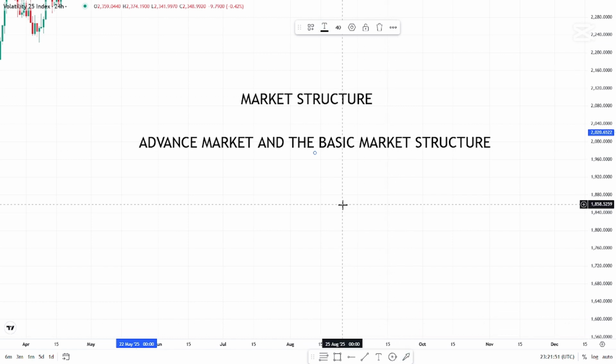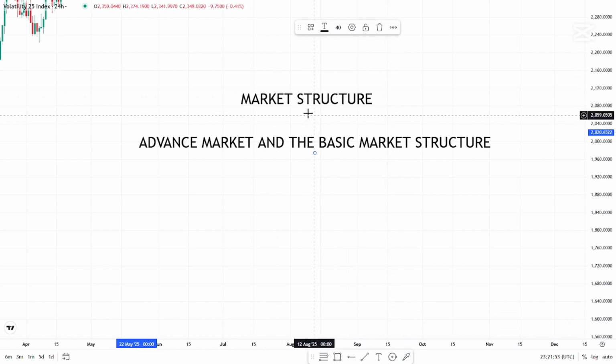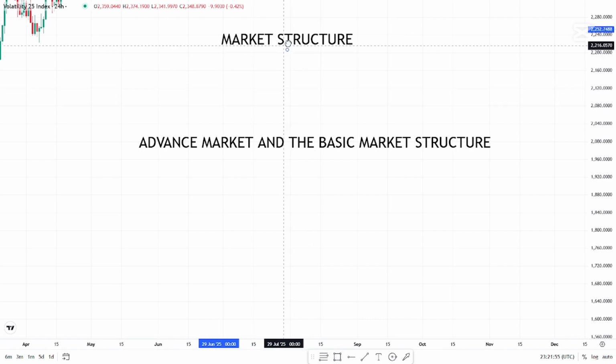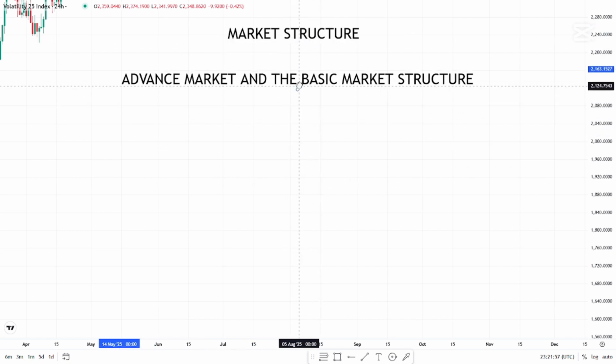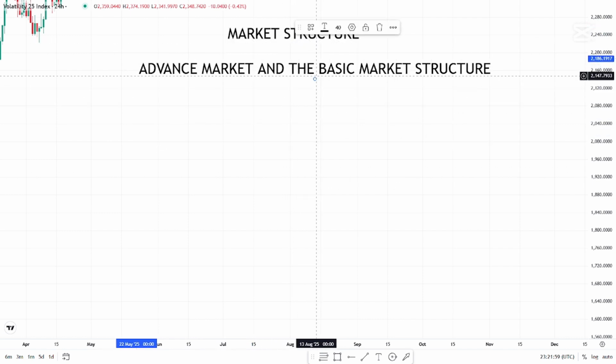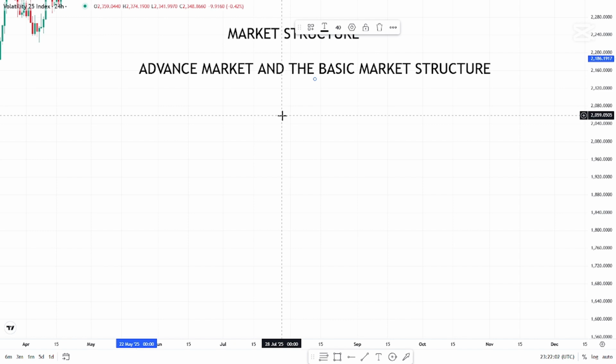These are the two types of structure we have, and I'm going to be illustrating the difference between these two and why you should start trading the advanced market structure in 2025. Why the advanced market structure has an upper hand over the basic market structure is what I'm going to be explaining tonight.